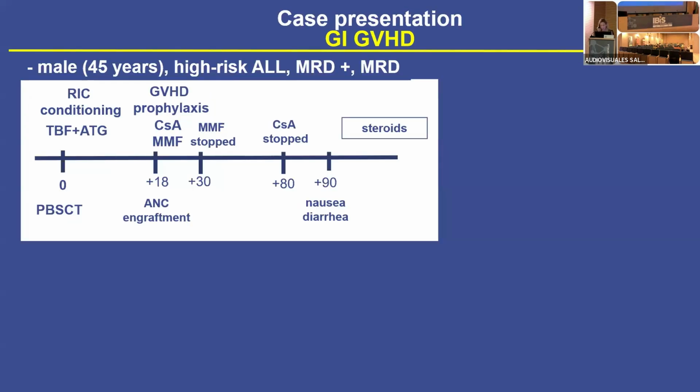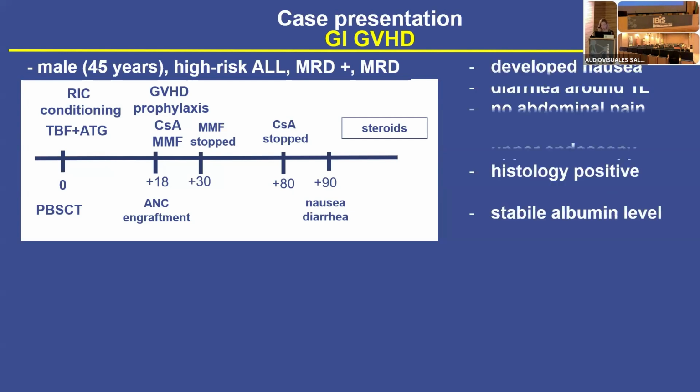When it comes to lower GI GvHD and its treatment, I wanted to show a patient who is typical because it's a lower risk GI GvHD. Patients who develop GvHD after we stop immunosuppression, as you all know, are the patients that we usually treat more easily, and they respond to immunosuppression more easily.